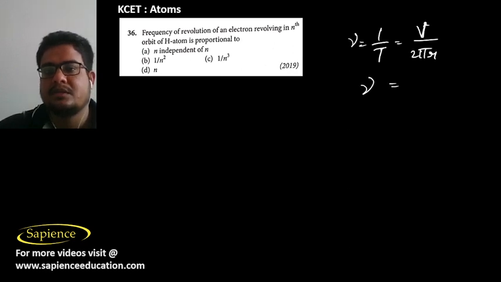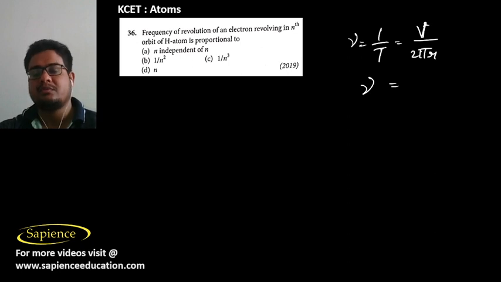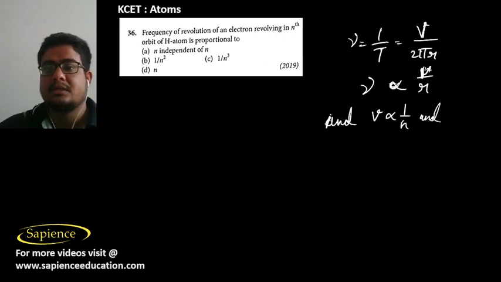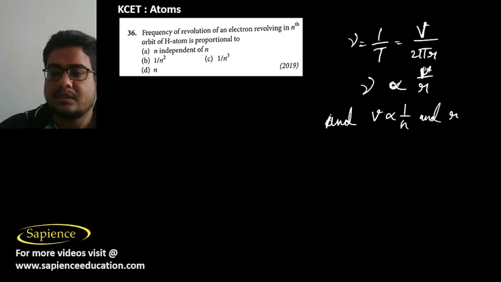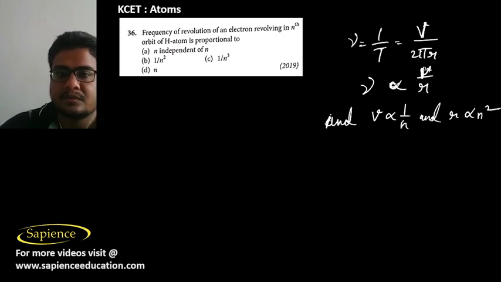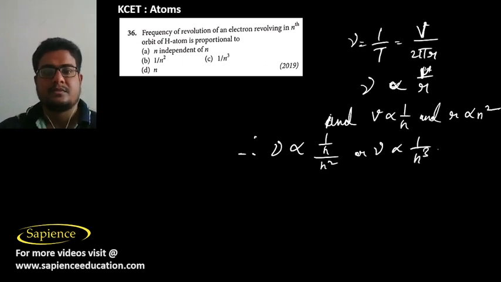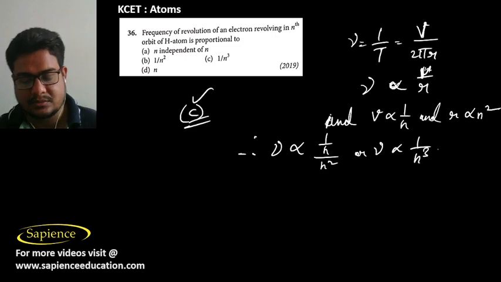So frequency is proportional to v by r. The speed of the electron is proportional to 1 by n, and the radius is proportional to n square. Therefore the frequency is proportional to 1 by n by n square, or I can say frequency is proportional to 1 by n cube. Therefore, option C is the correct answer.